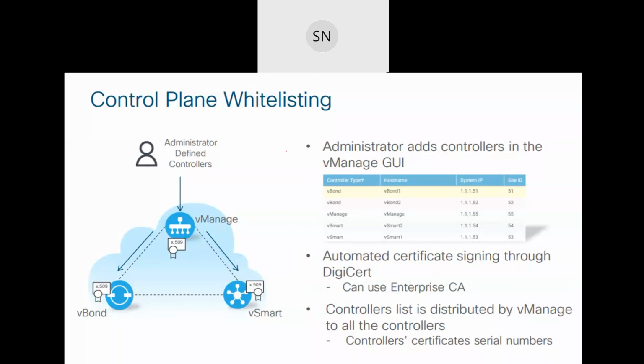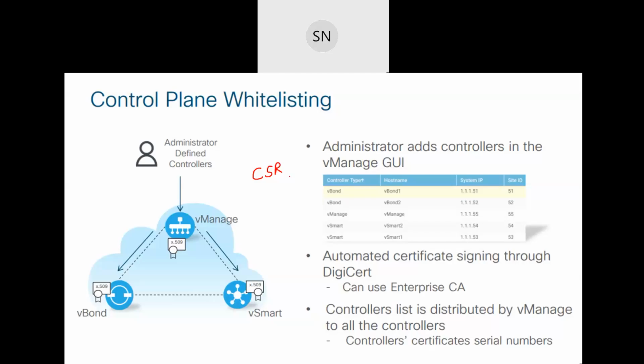Now vBond will ask, can you present your serial number? Once he presents it, vBond knows, I don't see you in my valid WAN edge list, so you might be a rogue device. I will not allow you to connect to any of my control plane devices and join the fabric. So it tears down the connection right there.